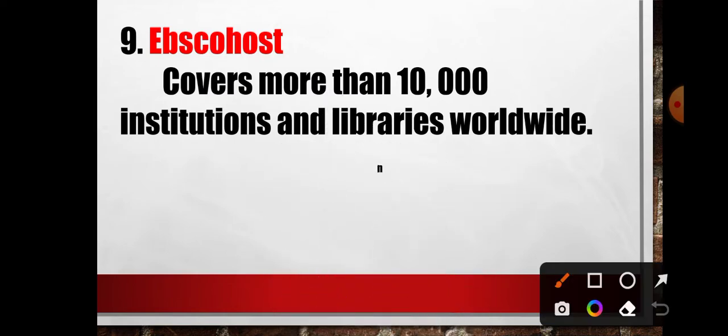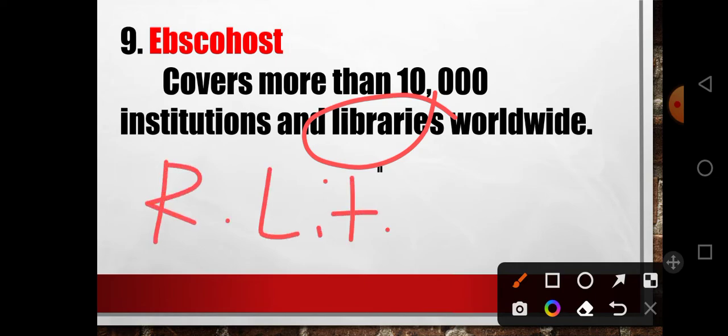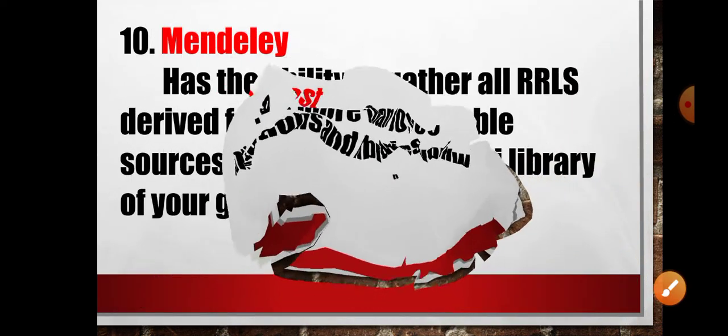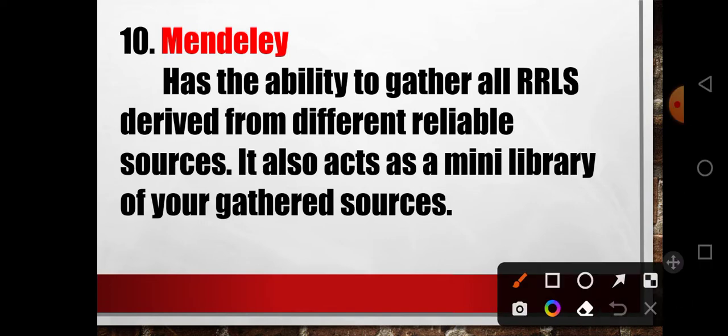So EBSCOhost is an online library where you can find related literature. Then we have Mendeley. So Mendeley is an app. Okay, it is an open access directory of an e-library, okay, where you can gather RRLs derived from different reliable sources. So it's like Google Scholar.